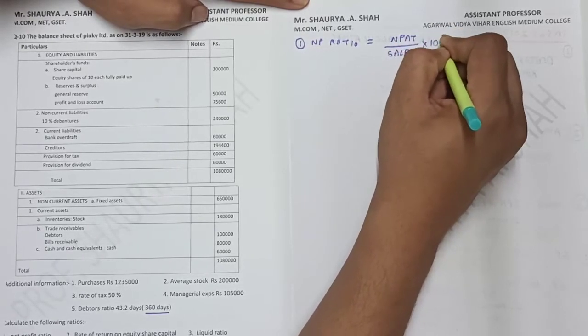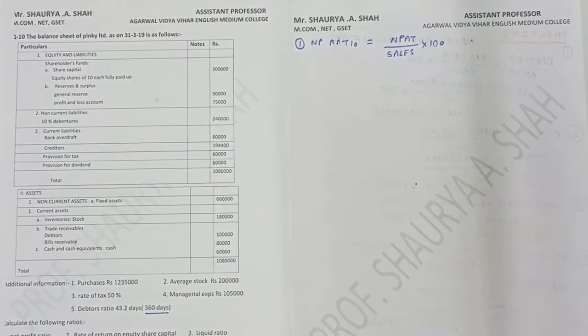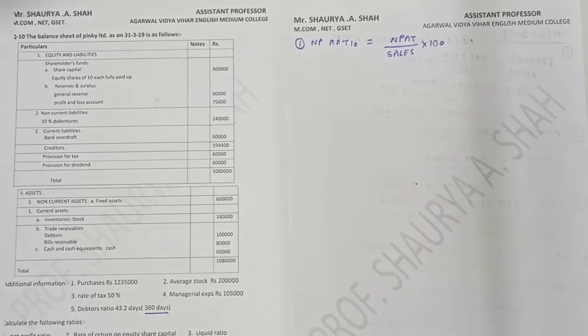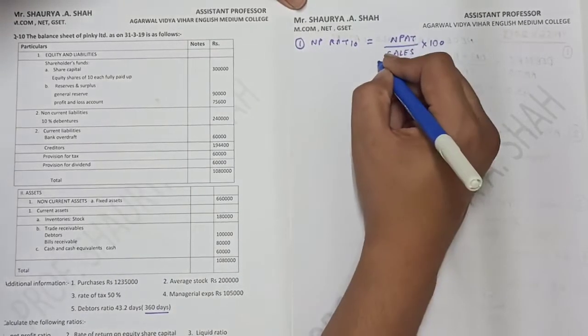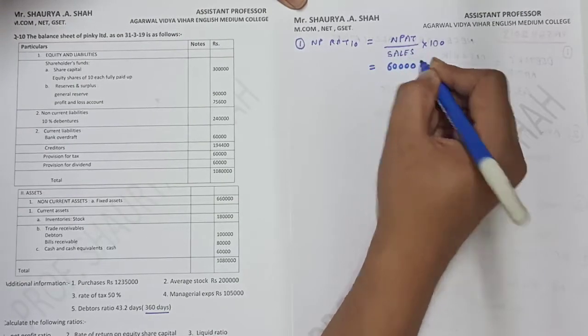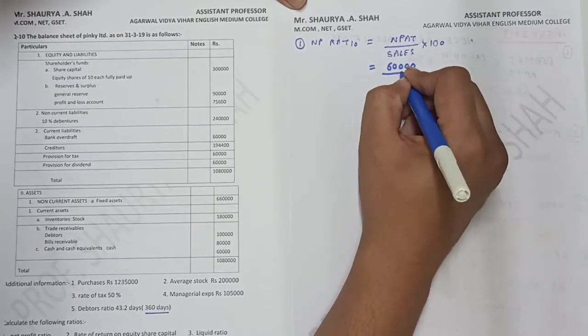Now whenever students you are ready with the data, then you can easily solve the sum very quickly, right? So that's why I always say, make a habit of preparing the particulars first, then start with the sum, so that you can quickly do it, right? And your working will also look accurate. What is your net profit after tax? Just now we found out in the last equation, students, it is 60,000 divided by sales.